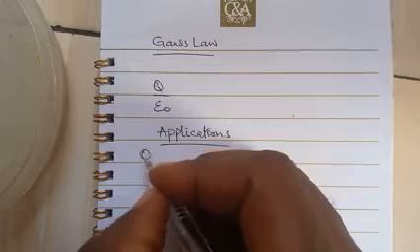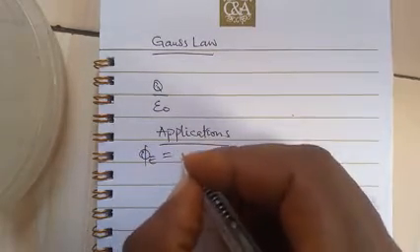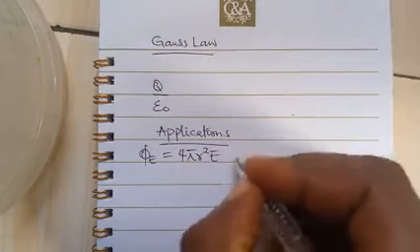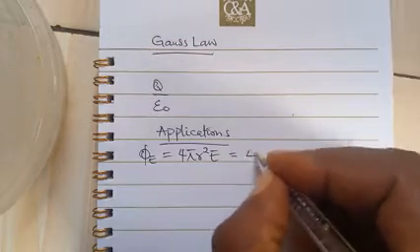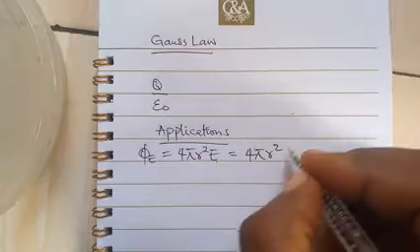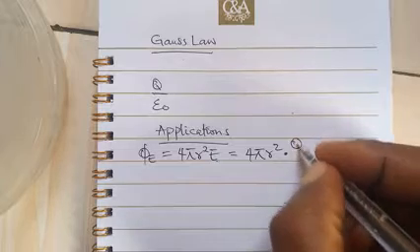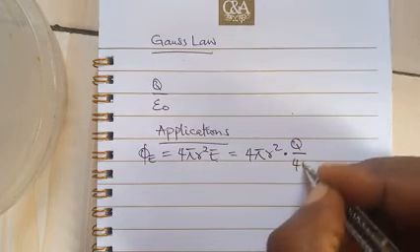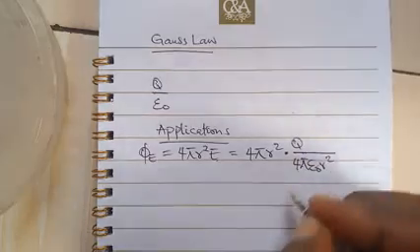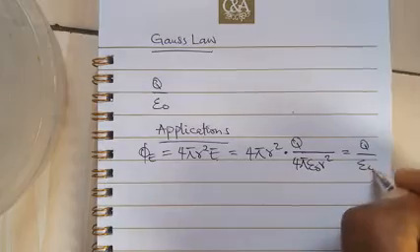In that case, the electric flux is 4 pi r squared E. According to Coulomb's law, E is Q over 4 pi epsilon naught r squared. So the flux is Q over epsilon naught.